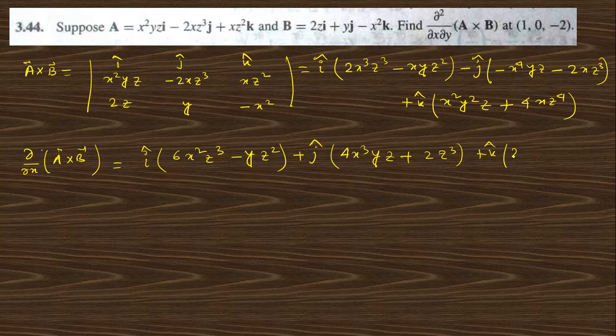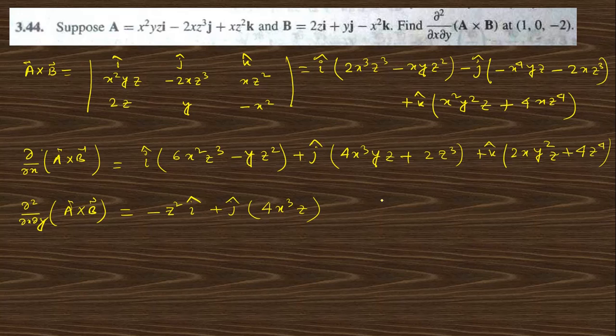With respect to x, this will be 2xy squared z, and this is 4z to the power 4. And again, if we differentiate with respect to y, so del squared by del x del y of a cross b. With respect to y, this will be 0, this will be minus 1, so minus z squared i cap. With respect to y, this will be j cap, with respect to y this will be 4x cubed z, and this will be 0. And with respect to y, this becomes 4xyz, and this will be 0.